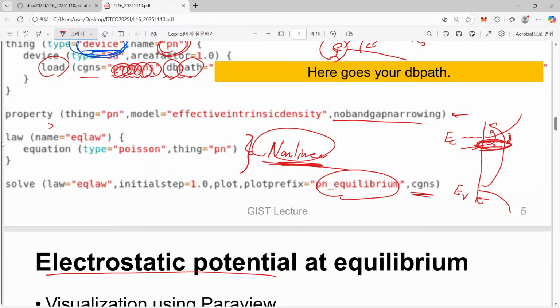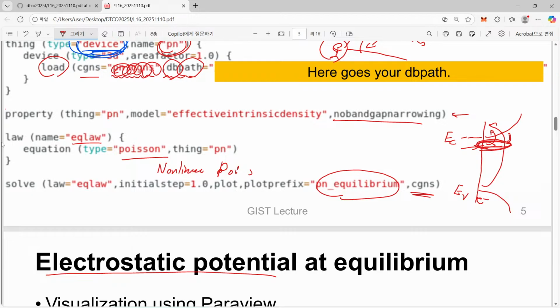It is simply because our previous EQ law only contains the Poisson equation, in its quite specialized form of non-linear Poisson equation.